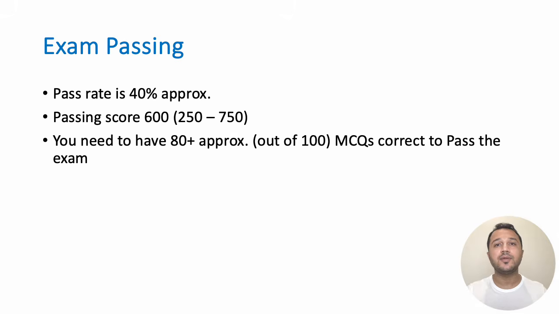For example, not every MCQ constitutes 1 mark. Sometimes it might be 0.5 and the other MCQ could be 1.5 based on complexity. It's a bit complex, but just for your own understanding, keep in mind that you need to score approximately 80%, or make 80% of the MCQs correct, in order to ensure that you pass the exam.